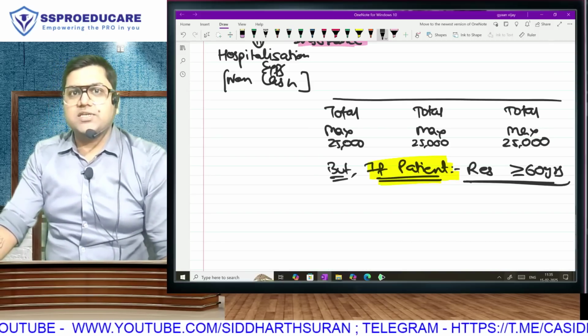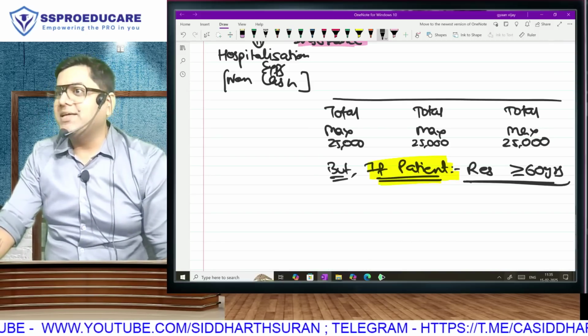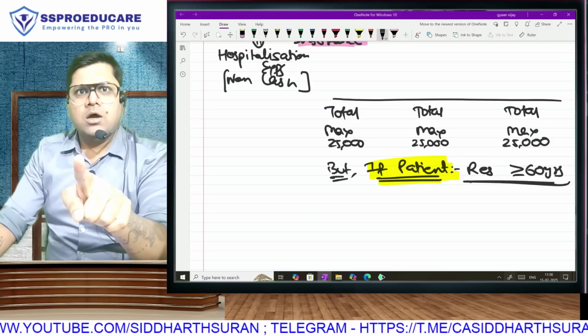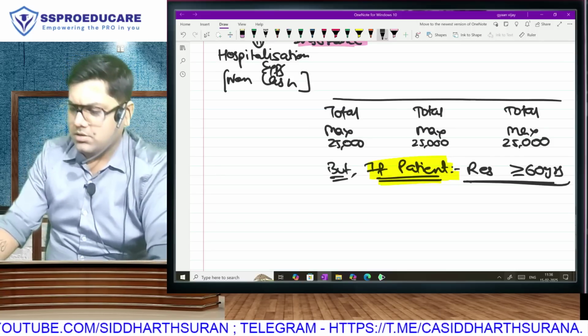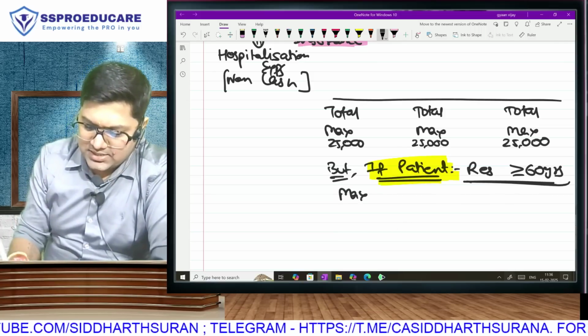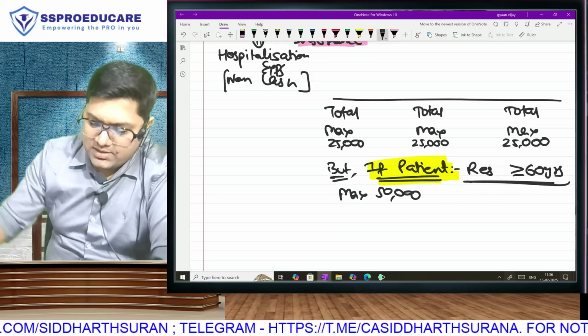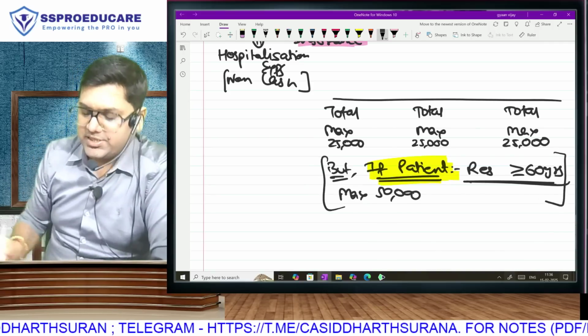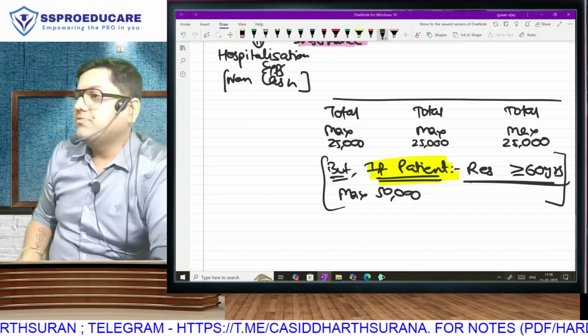resident. So if the senior citizen is non-resident, so deduction allowed, lower limit. If it is resident senior citizen, so wherever we have written maximum 25,000, that maximum 25,000 will change to maximum 50,000.